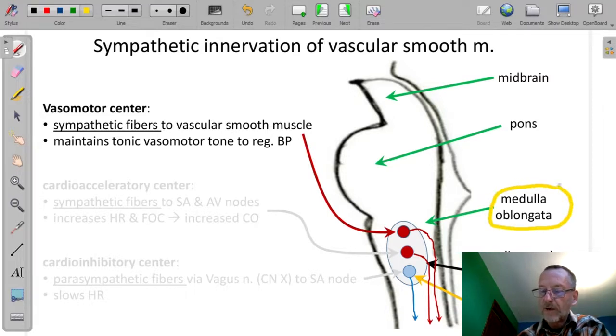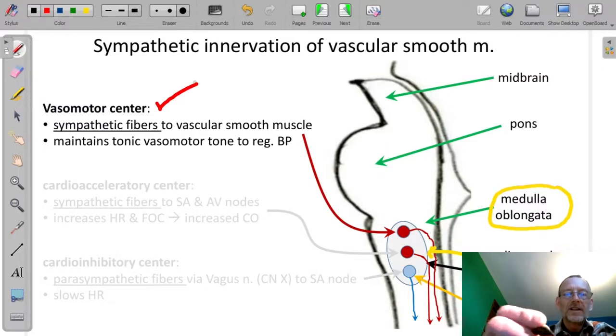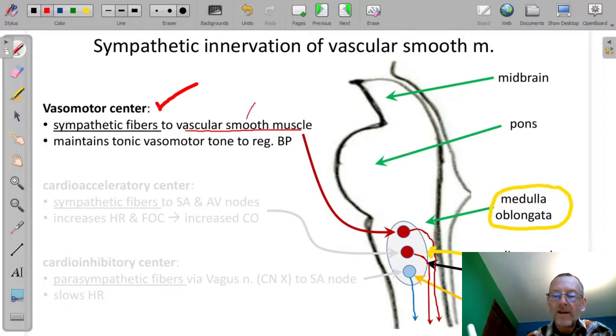You've seen this figure before, and the cardiovascular control center is pointing to this sort of egg-shaped little blue line that has several nuclei in it, and we've gone through those. I introduced those earlier. The one that I want to review now is the vasomotor center. And this is the nucleus for those sympathetic fibers to the vascular smooth muscle. And this is primarily to the arterioles.